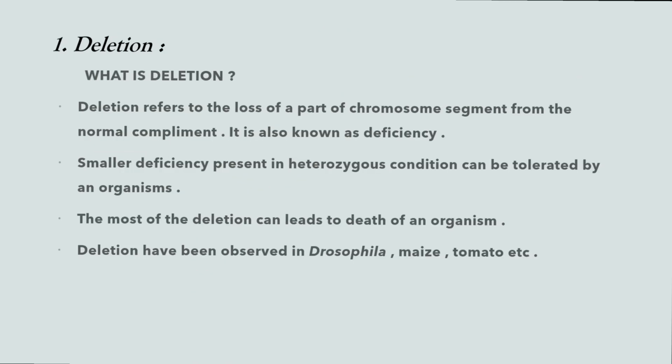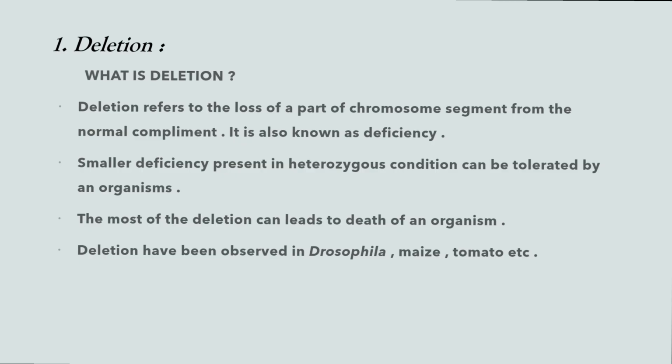So the first is deletion. What is deletion? The meaning of deletion is to lose a part, like losing a specific segment from the particular normal complement of genes. We can also call this deficiency because it loses a part.